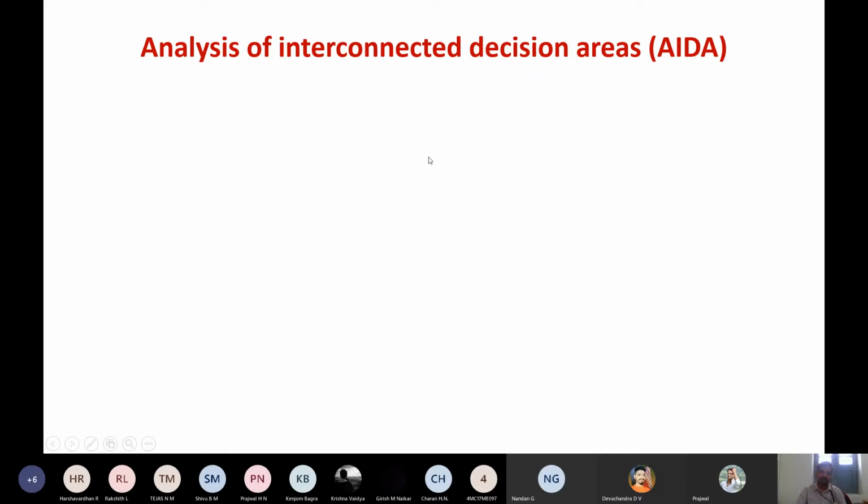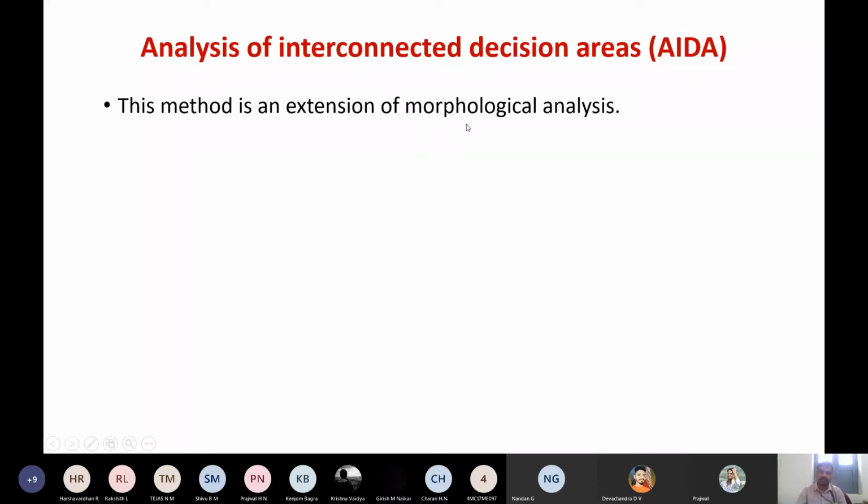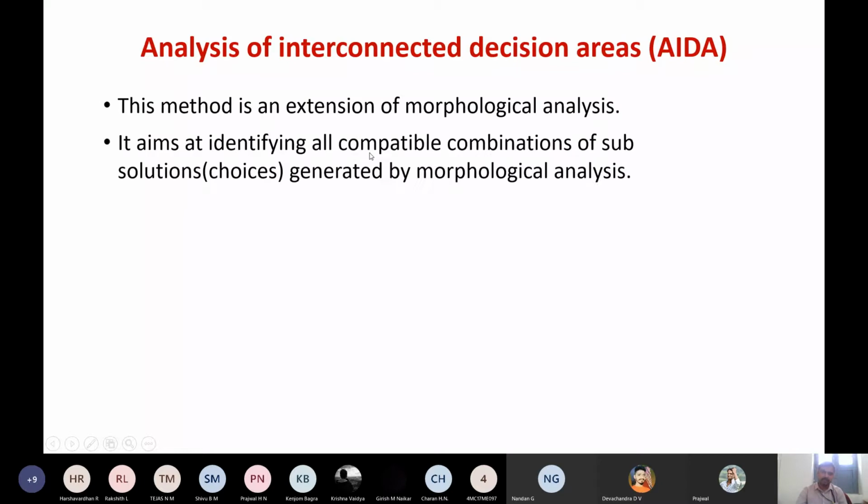So we already discussed morphological analysis, where a design problem is divided into parts based on the functional requirements. Analysis of interconnected decision areas is an extension of morphological analysis. It aims at identifying all compatible combinations of subsolutions or choices generated by morphological analysis.